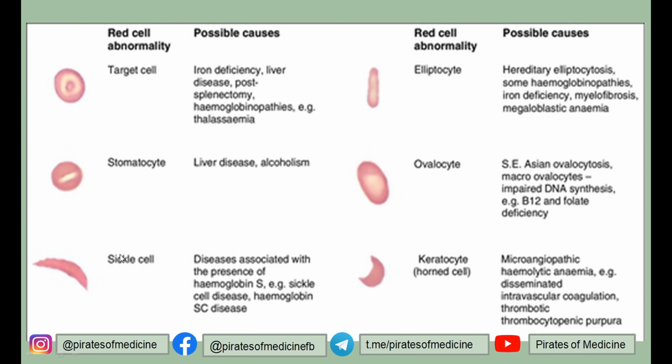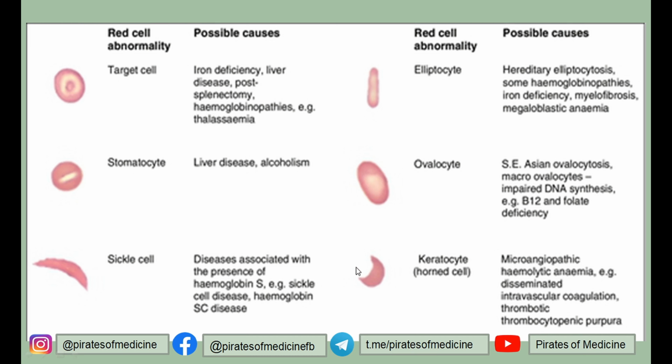Then we have our friend over here, sickle cell. This obviously is seen in sickle cell disease or hemoglobin sickle cell disease, this sickle-like shape. Then we have a keratocyte, horn cell. This is seen in microangiopathic hemolytic anemias like in DIC or disseminated intravascular coagulation, in which your body coagulates and forms clots and the coagulation system is decreased at the same time.